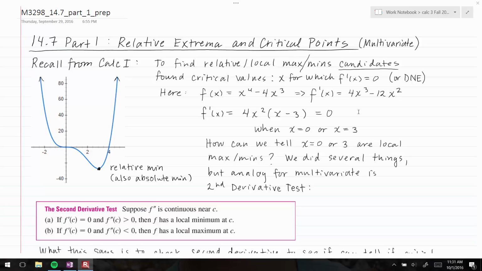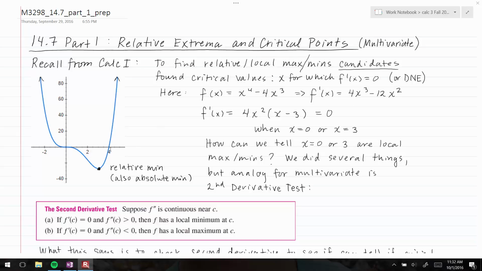But the theorem doesn't go the other way, so you can't just say that if it's a critical point, then it must be a relative max or min. We do know we'll have all the candidates if we find the critical values, and then we have to use some process to determine whether it's a relative max, min, or neither.